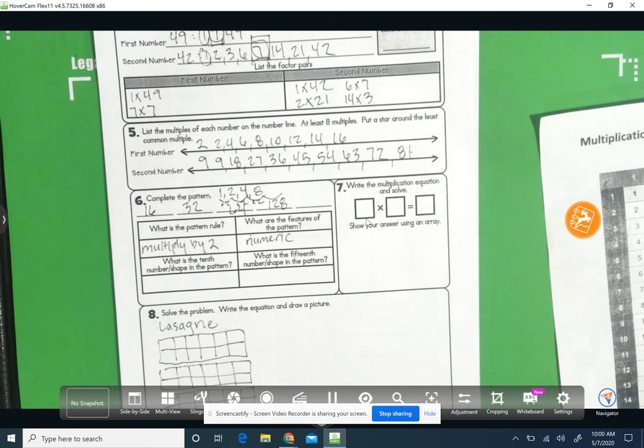And now 128 times 2, we could do 128 plus 128, or 128 times 2.